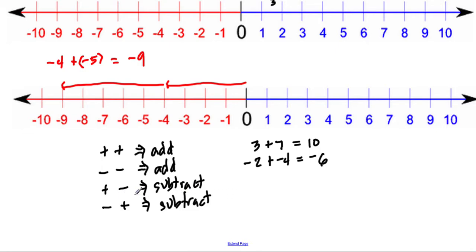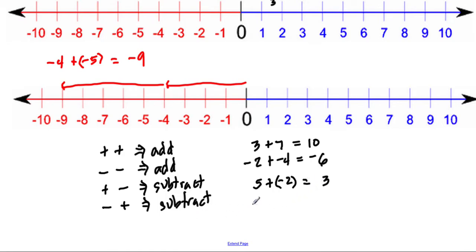Now let's take a look at this scenario when you have 5 plus negative 2. Again, it says subtract. So you get 5, and then you subtract 2, which is 3, and keep the sign of the higher number if you disregard the sign.